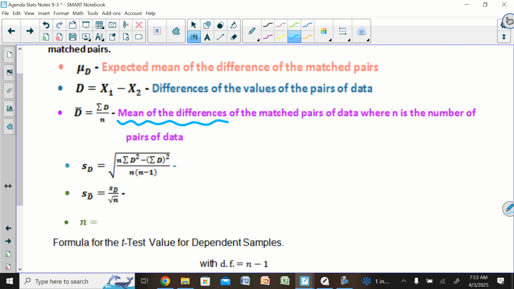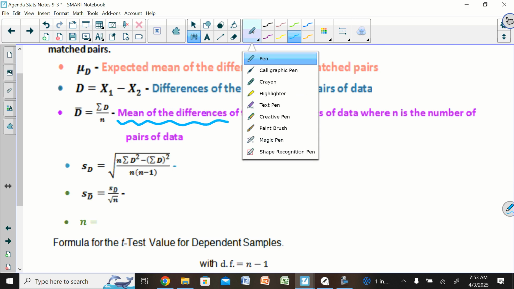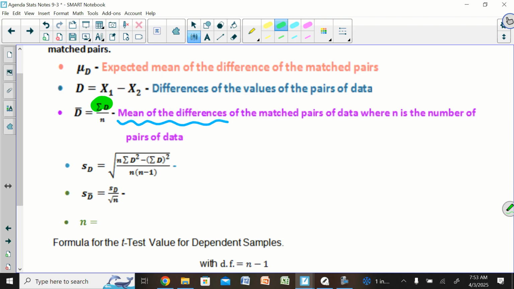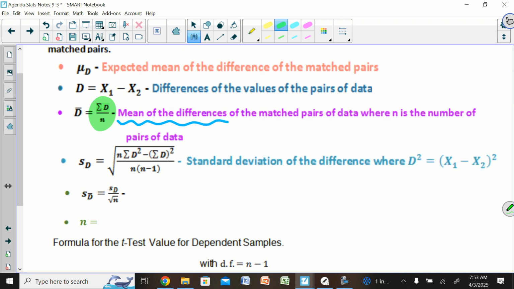S sub D, so I'm going to highlight this because this is kind of an important thing. Let me highlight that. That's the calculation we're going to have to do. S sub D is the standard deviation of the differences. Don't worry about this part. Standard deviation of the differences. We'll talk about that in a second.